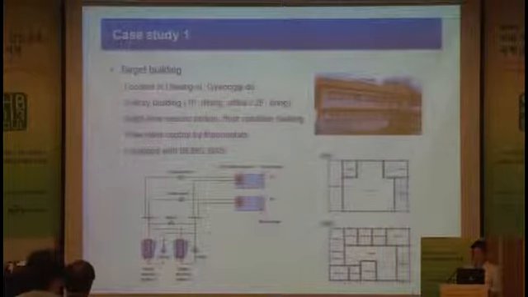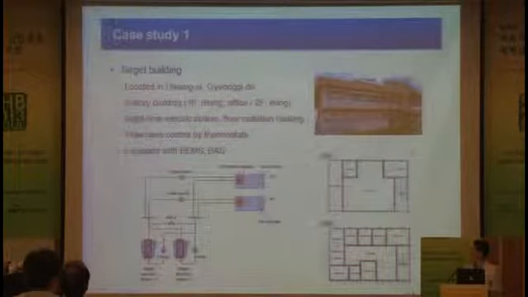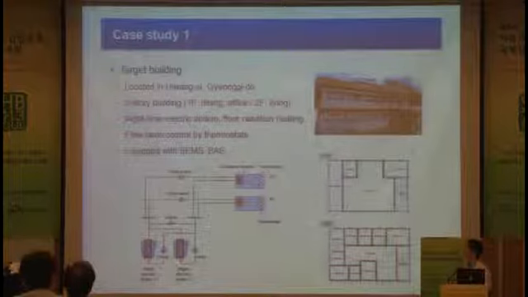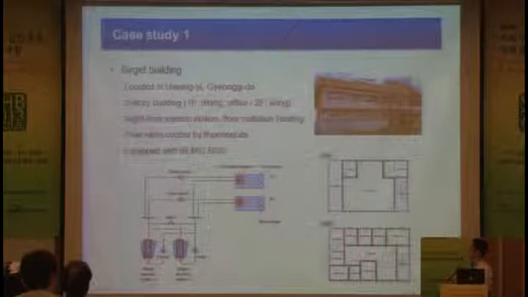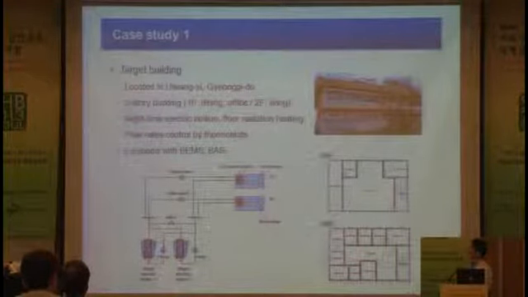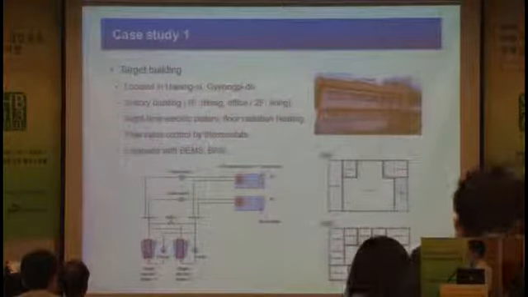Let me introduce two case studies with this integrated system. The first one is about a boiler system which uses nighttime electric boilers. This building doesn't look like a residential building, but the function is residential. So with this building, we have two boiler systems.